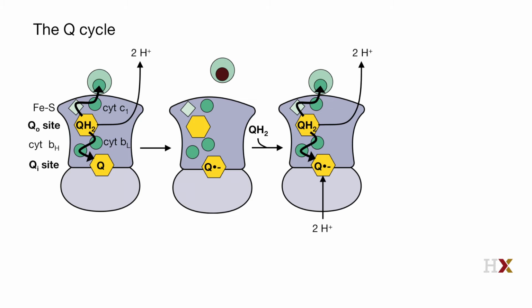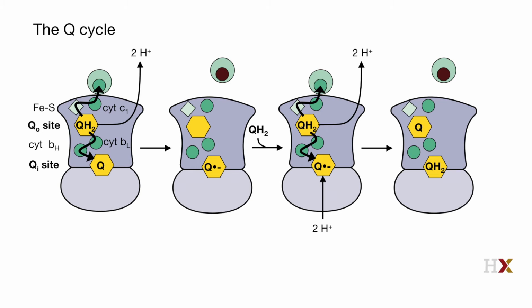So in the third step, the fully oxidized coenzyme Q, which is bound to Qo will dissociate, and the fully reduced coenzyme Q, QH2, which is bound to the Qi site, will dissociate as well.